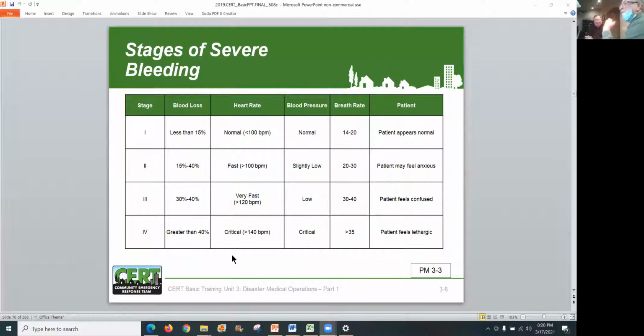Your blood pressure can be normal with that, and with the beats per minute, with your heartbeat, your blood pressure can still be normal, but it's a sign that you need to keep your eye on, because that's the first sign that things are going bad on you, when your blood pressure starts to fall and your pulse increases, because your heart is always going to pump enough blood to keep you going as best you can.